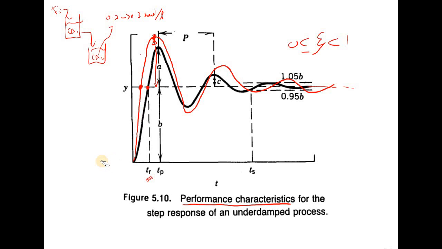Why is it not good? Take another example: if I'm trying to do temperature control and I want to get from 65 to 70 degrees centigrade, and it jumps to 75 degrees centigrade.